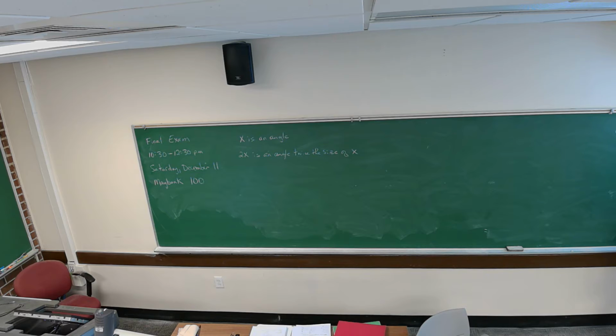So the angle x is in quadrant 3. Right? Quadrant 3 is where the angles are between 180 and 270 degrees, or pi radians and 3 pi over 2 radians. So given this value of the sine of the angle x, calculate the cosine of 2x and the sine of 2x.